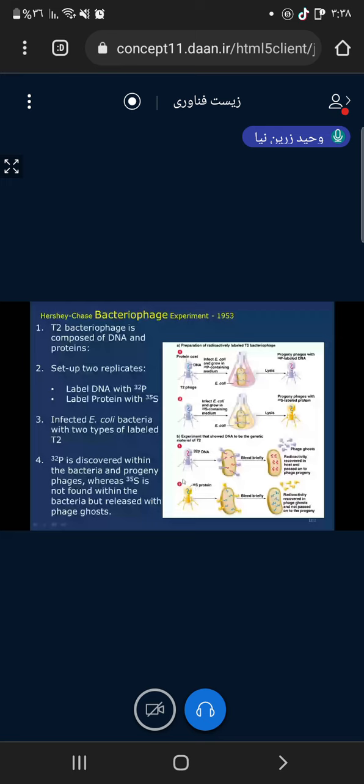When these phages attack the bacterial cells, we found that only the radioactivity in the DNA was recovered in the host and passed on to the phage progeny. But in the second experiment, radioactivity was recovered in the phage host and not passed on to the progeny. Therefore, he concluded that the DNA is genetic material and not proteins.